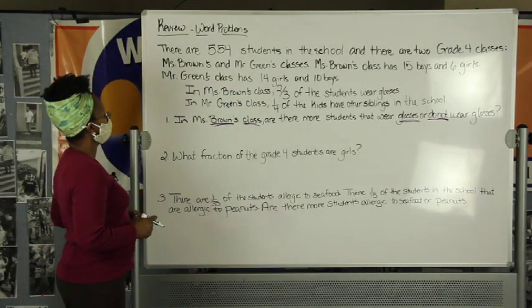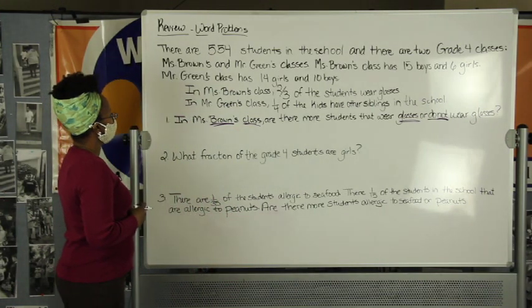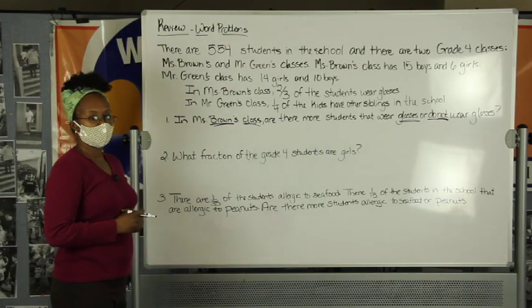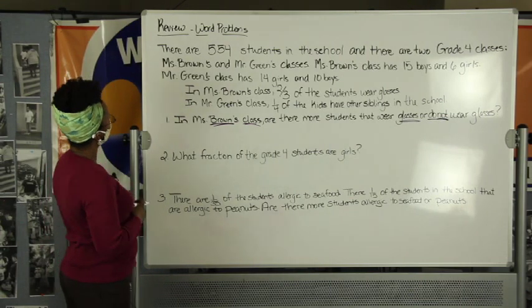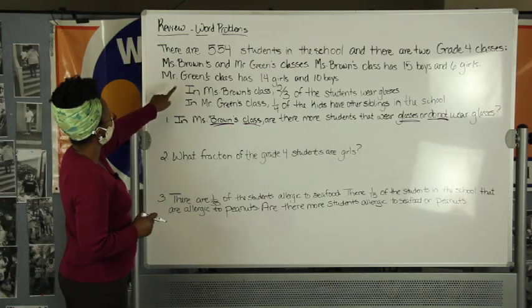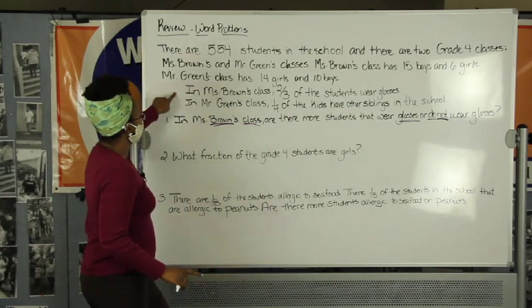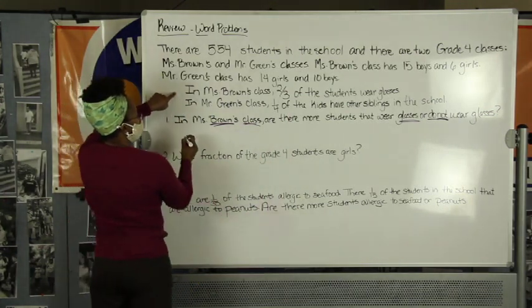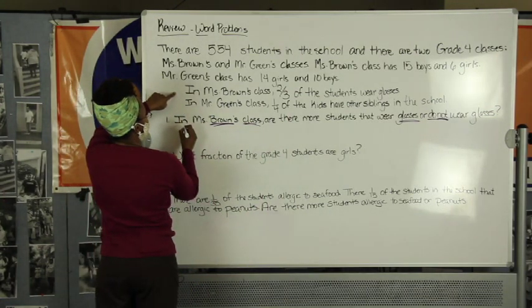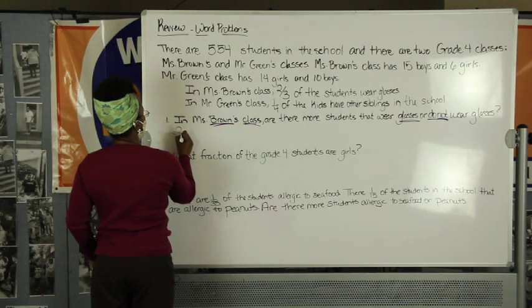So the first thing we need to do is go to Ms. Brown's class, wherever it talks about glasses and students. So let's see. Okay, Ms. Brown's class, and it talks about glasses. Ms. Brown's class, the students, there are 2/3 that wear glasses.